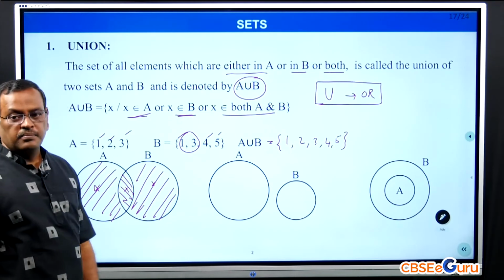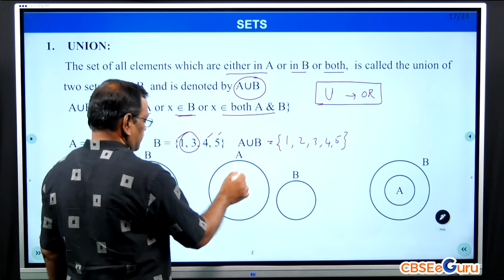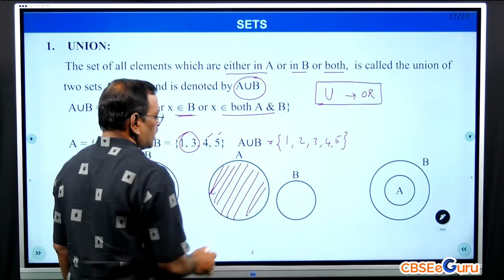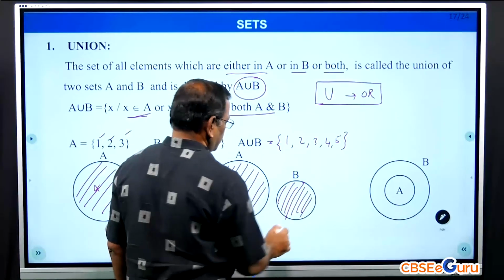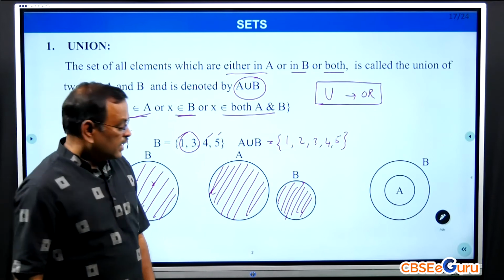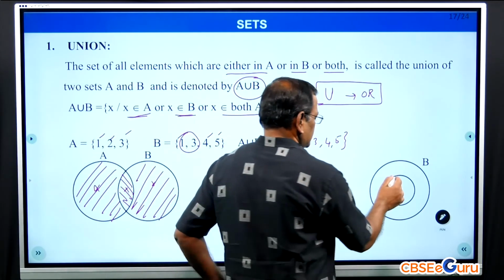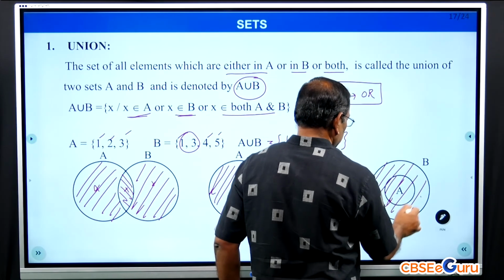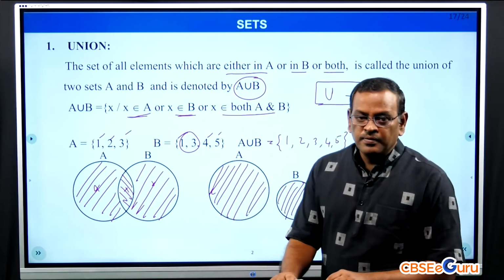This is A union B. For the second case, either in A or in B, and there is no common area, you can leave it. And for the third one, either in A or in B, that is, one set is inside, so it is in A as well as in B. So this is the definition of union.